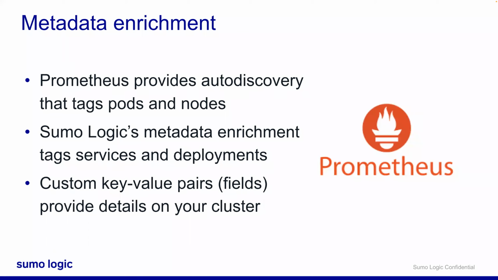The metadata enrichment step tags these as key value pairs, and this is going to ensure your metadata is consistent across your clusters. As a Kubernetes user, you might already have a mental model of your cluster, and you might have naming conventions associated with your architecture. Sumo Logic lets you use this existing mental model with custom key value pair metadata tagging.